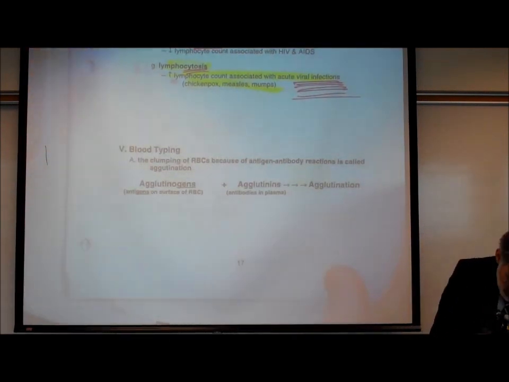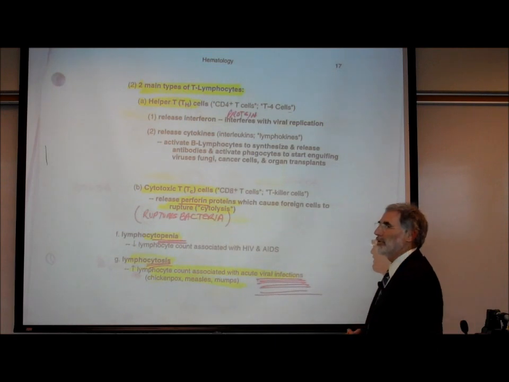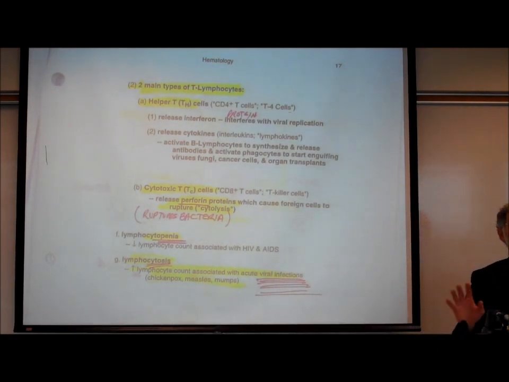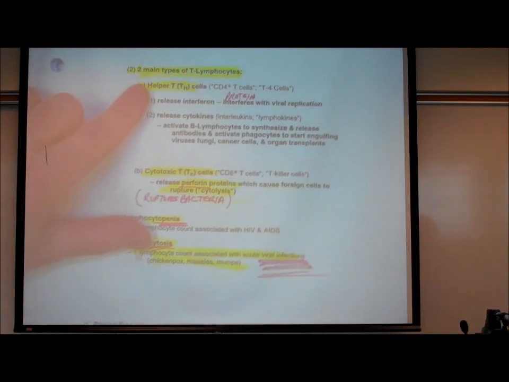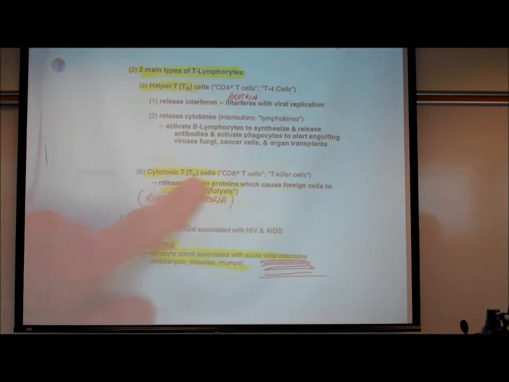Now, what do the T lymphocytes do? On page 17, in micro, you will learn that there's at least 4 different types of T lymphocytes. I'm only going to tell you about 2 types. There are the helper T cells, and there are the cytotoxic T cells.